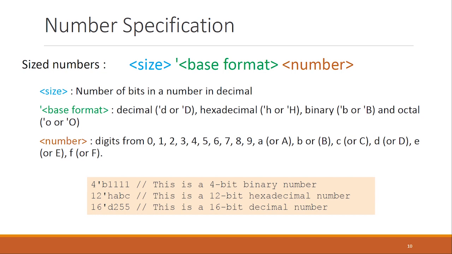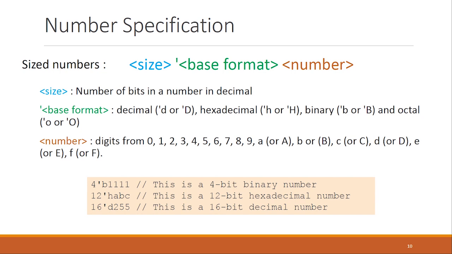and the base format is used to specify the base to be used when representing the number. That is, you can specify whether you are going to write the number in decimal, hexadecimal, binary, or octal. And the number part is the actual number that you want to insert.